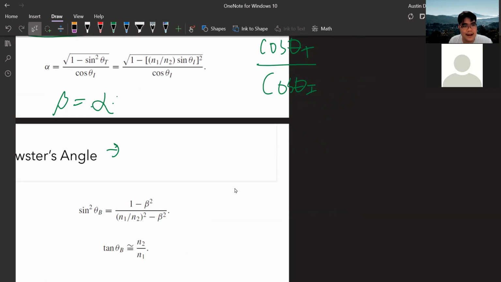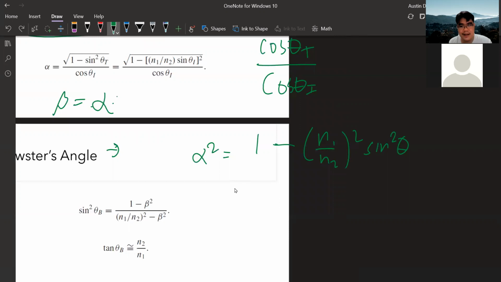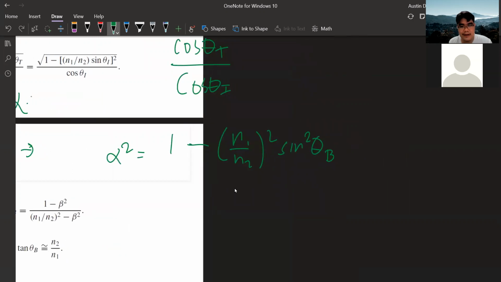so balik tayo dito sa alpha, no? So alpha, sulat ko siya as alpha squared para 1 minus n1 over n2 squared sine squared theta I. So sulat natin si theta I as theta B dahil Brewster's angle na itong kinukuha natin. Okay?